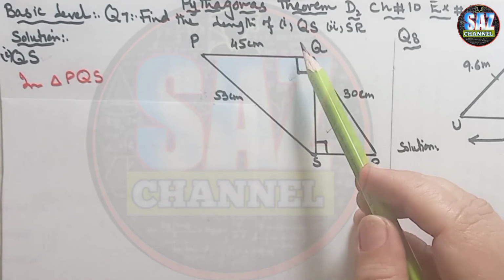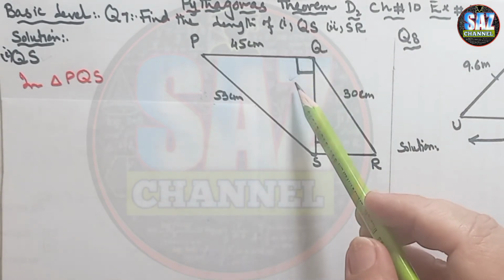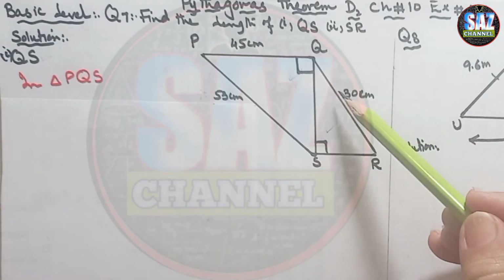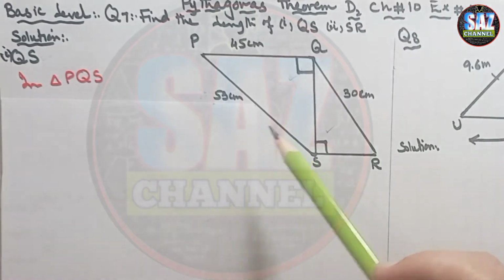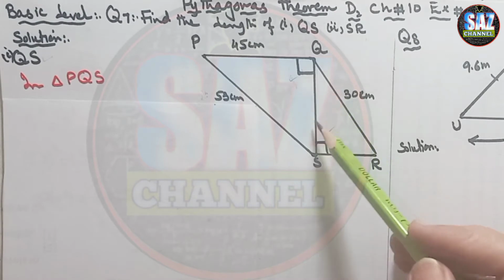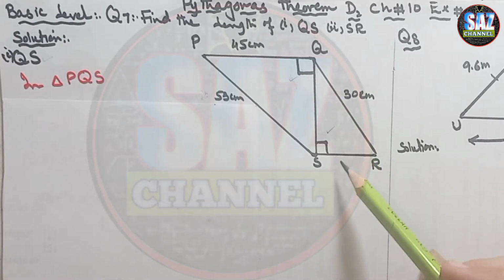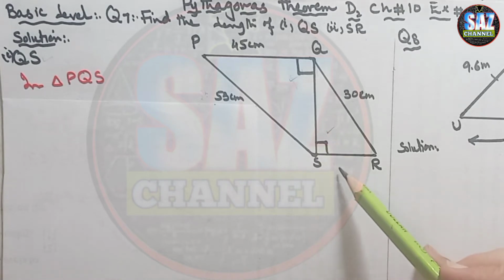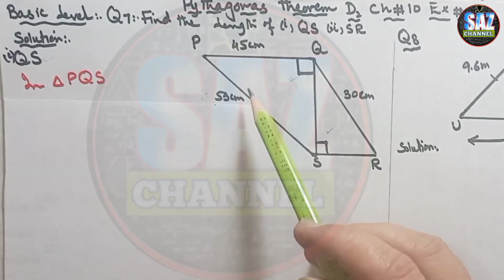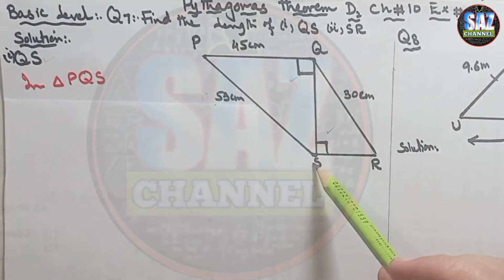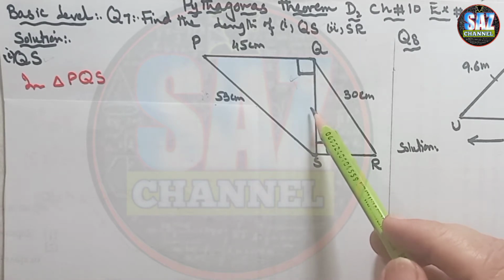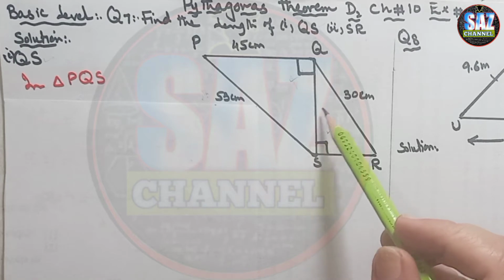For the first requirement of the question, that is QS, QS is the common side in triangles PQS and QSR, but we cannot find QS from triangle QSR because here we have two unknowns. So for the calculation of length QS, we have to choose the PQS triangle in the beginning, and that QS will be helpful in finding the next requirement of the question.